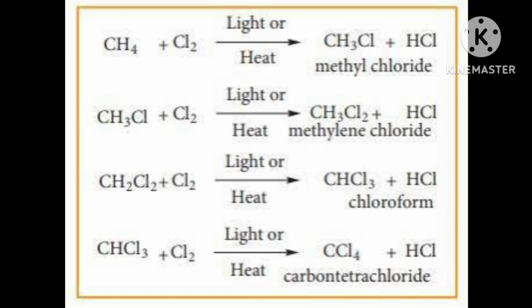Okay, I have told you some of this, in more advanced detail. Then I told you the propagation step: one H reacts with the Cl radical to form HCl, and it forms a methyl radical plus HCl.